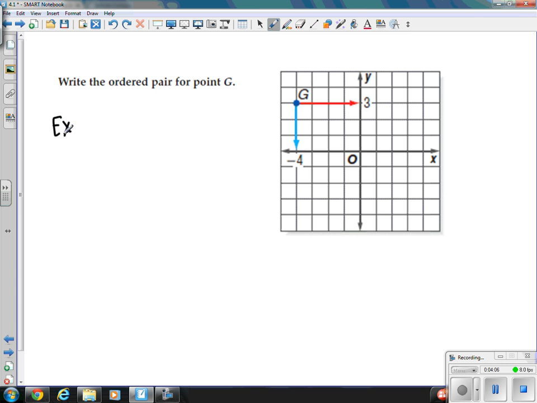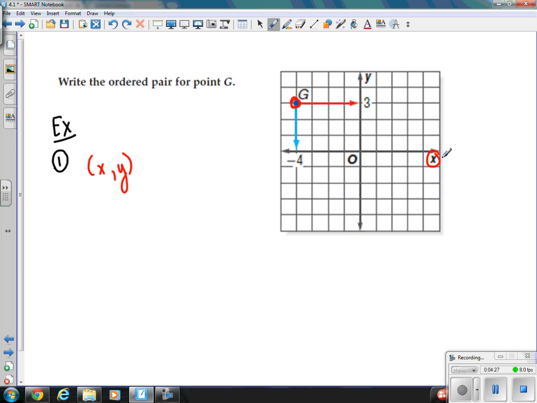You don't have to sketch this into your notes, just follow this one along with me. It says write the ordered pair for G. So right here's G. And once again, your ordered pair goes x, then y. We know our x-axis is the one that runs horizontally.